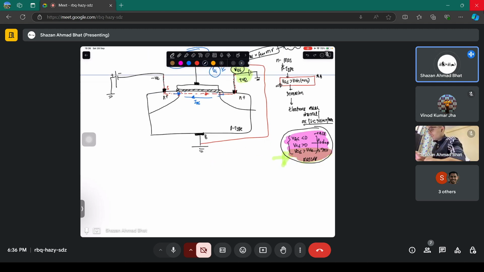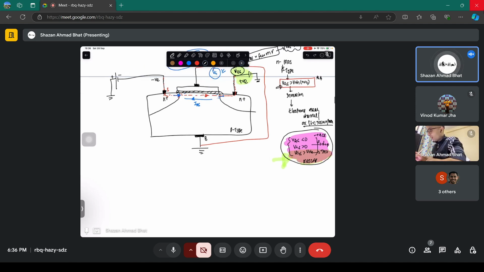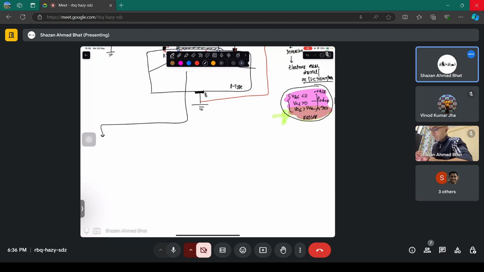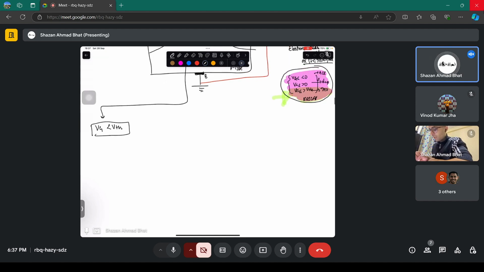Initially, when the drain to source voltage is small, let's consider a few regions. First of all, let's consider the first region, when the gate voltage is less than the threshold voltage. In that case, it is simple. Even in the MOSFET, it is off, and we are considering here the drain to source voltage as zero.